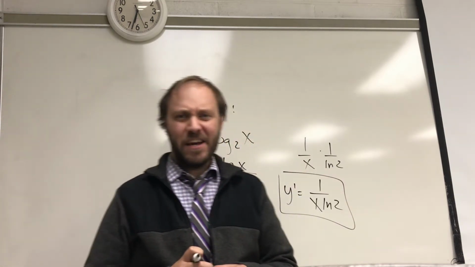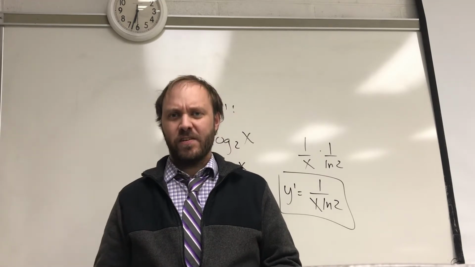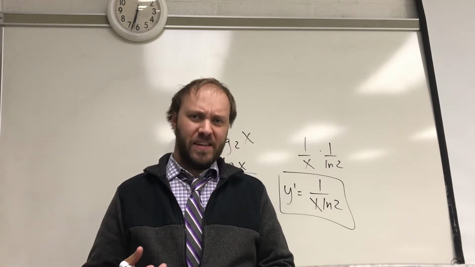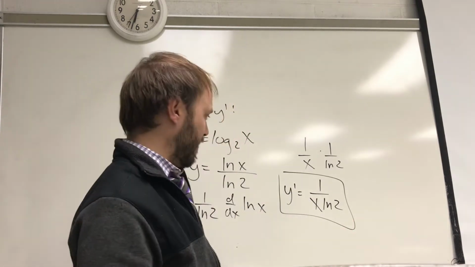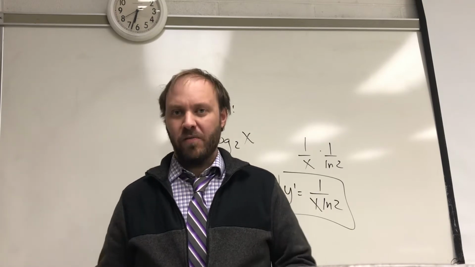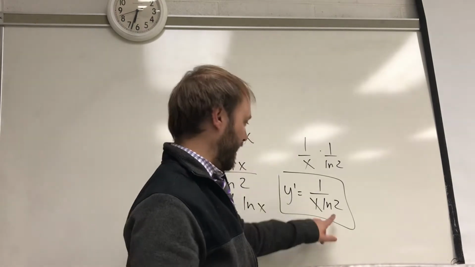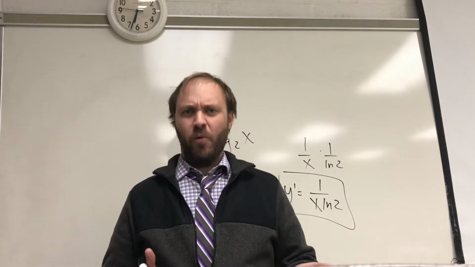And if you think about this, the derivative of the natural log function is 1 over x. So you would kind of expect the derivatives of other log functions also might involve a 1 over x. The only thing it's going to involve additionally is the natural log of the base. And by the way, we've seen this before.